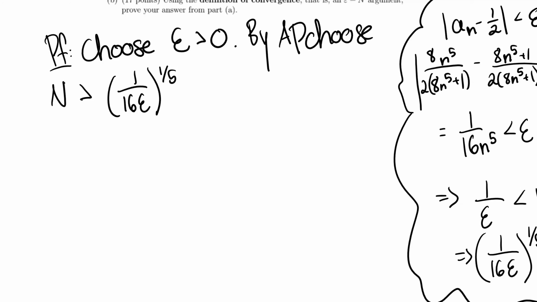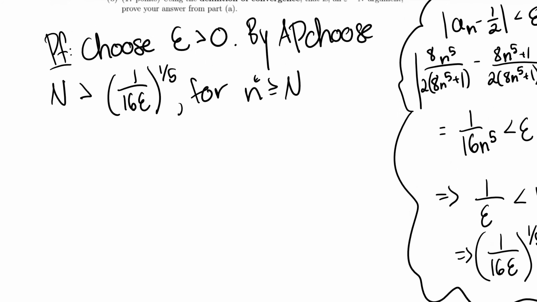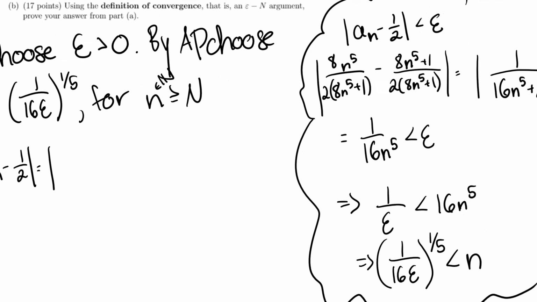So first we just need to show that, for n bigger than or equal to capital N, these little n's being in the naturals, we have a sub n minus 1/2 equals all this stuff.